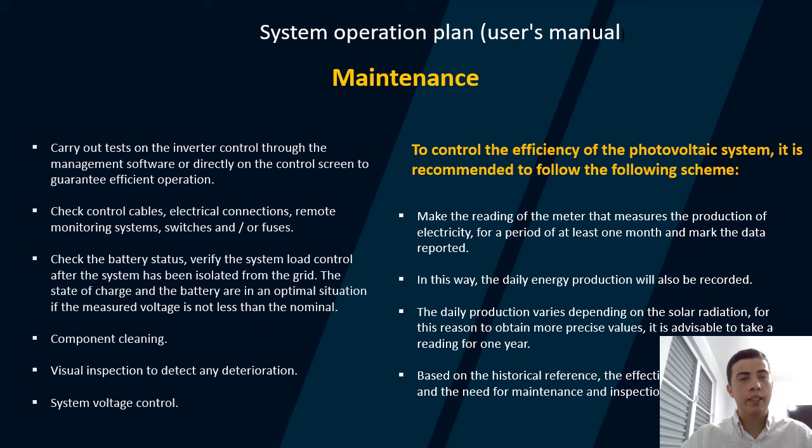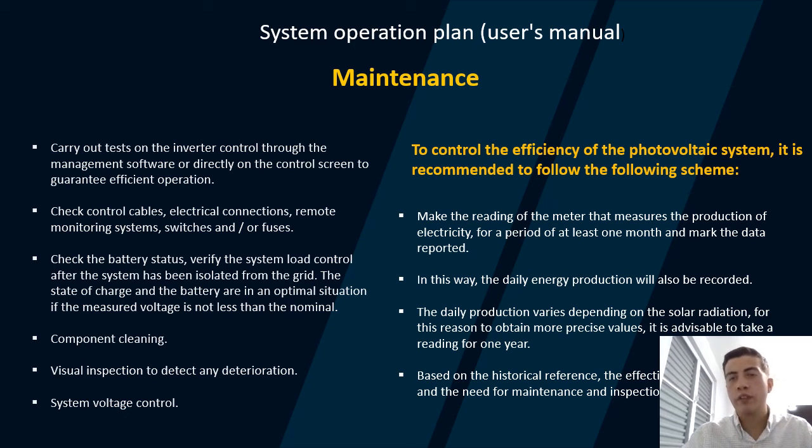Check the battery status, and verify the system load counter after the system has been isolated from the grid. The state of charge of the battery is in an optimal situation if the measured voltage is no less than the nominal voltage. Component cleaning, visual inspection to detect any deterioration, and system voltage control.